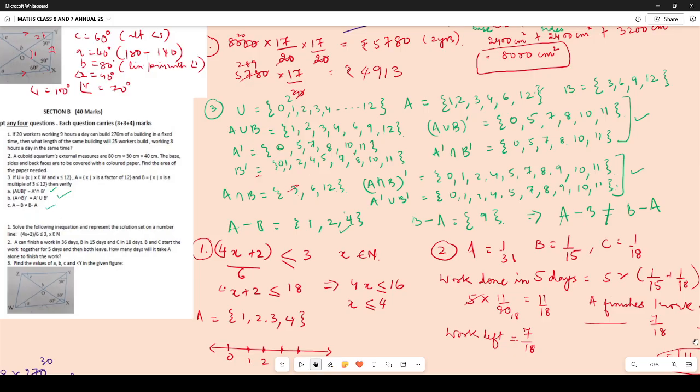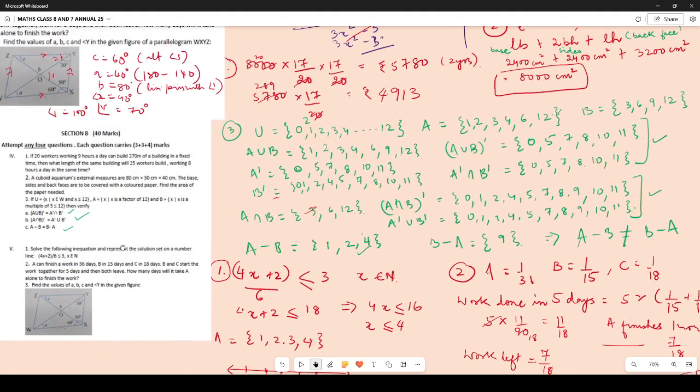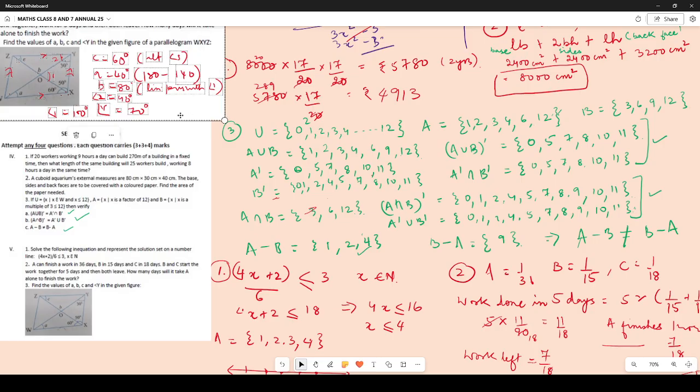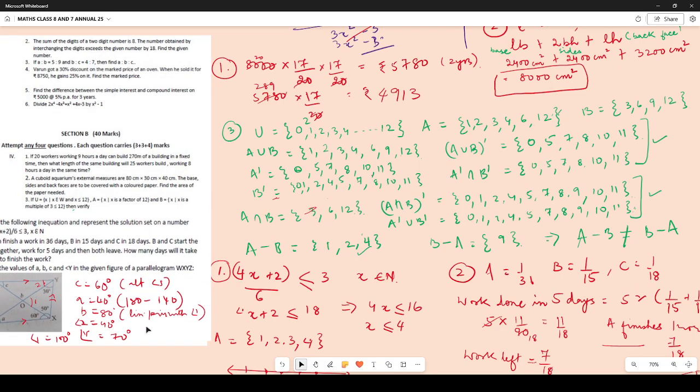Now let us move on to the next question. Solve the following equation and represent the solution set on a number line. So I think we had this one, we had a larger one. Let us try to shift it down if we can.